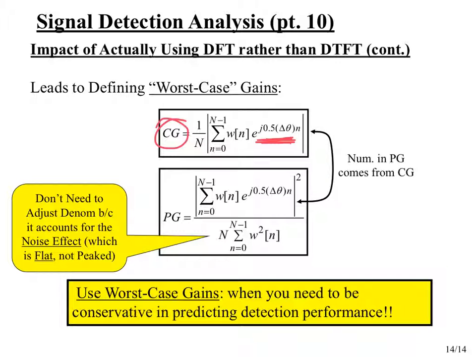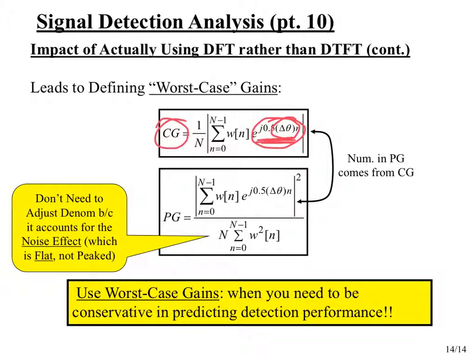That's accounting for the fact that we would be halfway between two grid points. Now that delta theta is impacted by zero padding. That is the spacing between the FFT computed frequencies. So as I zero pad, that will get smaller and smaller, and that will make this term closer and closer to being a 1.